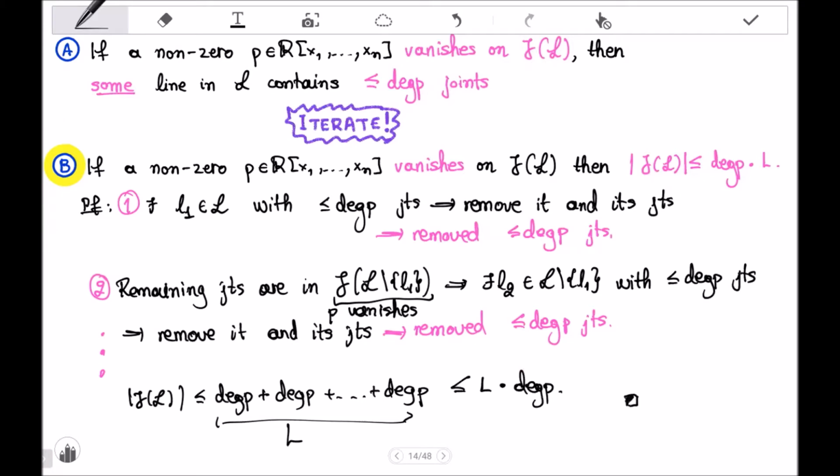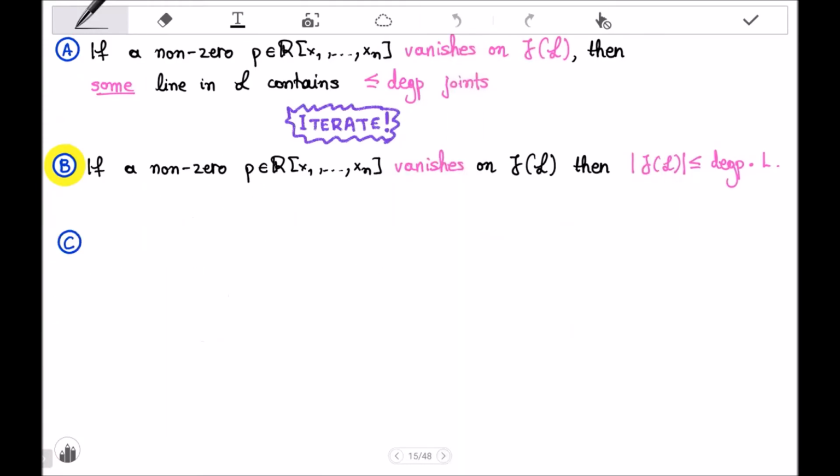And that's how you get control on the number of joints as soon as you find a single polynomial that vanishes on them. Right. And finally, to get the full theorem, we just need to apply this nice lemma, B, for a nice degree polynomial. And that will come from the vanishing lemma that we talked about last time.